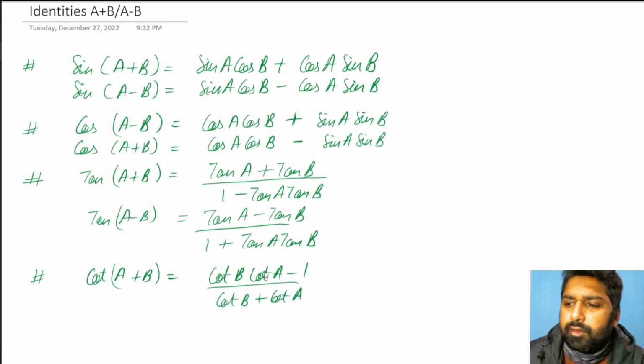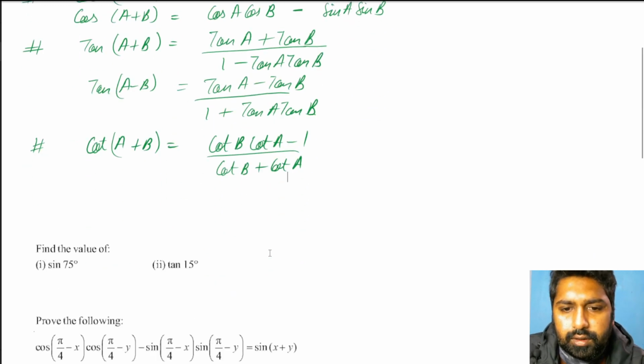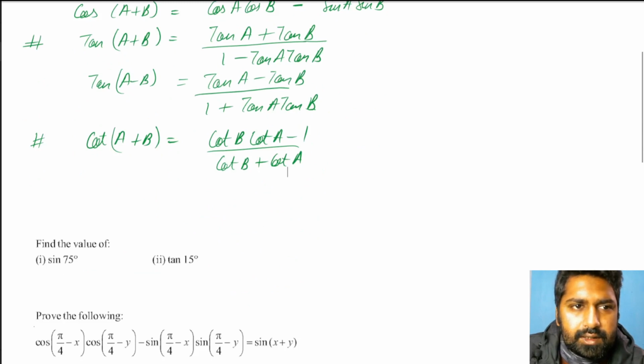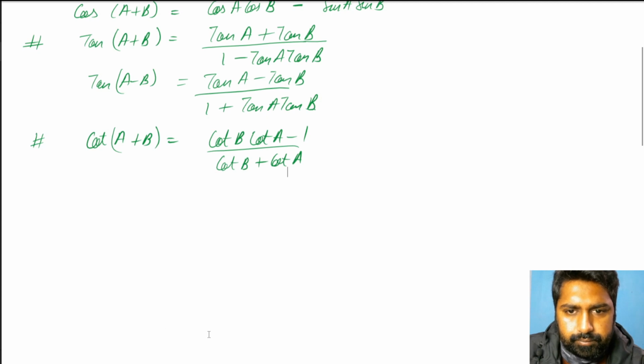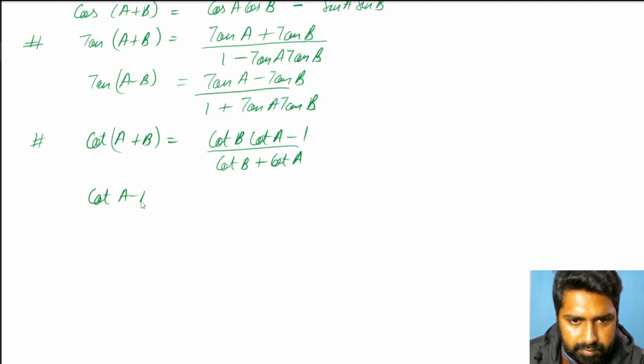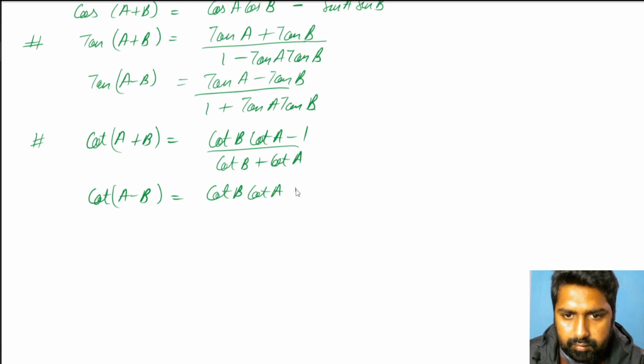If you look at the format of tan, it is pretty much opposite, but still a bit of variation is there. Cot a minus b is cot b cot a plus 1 upon cot b minus cot a.